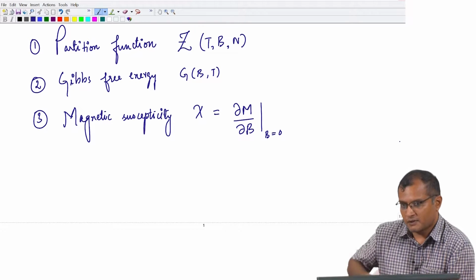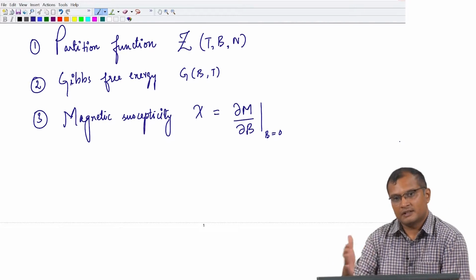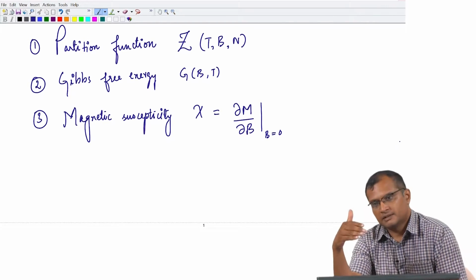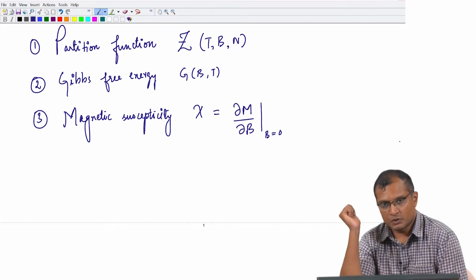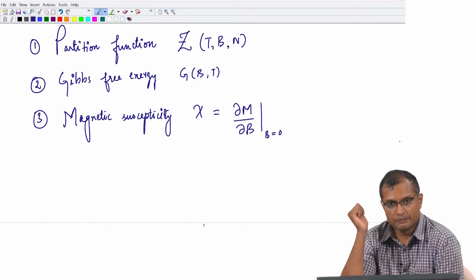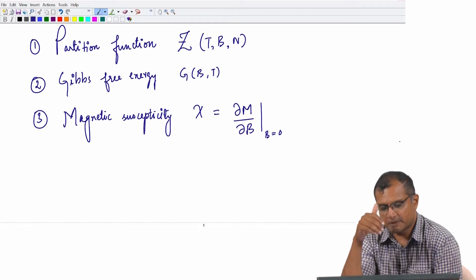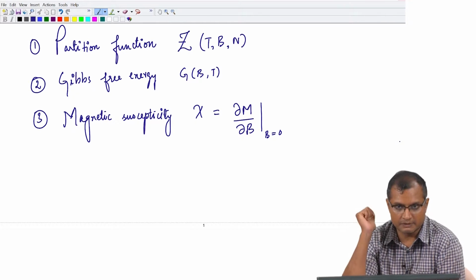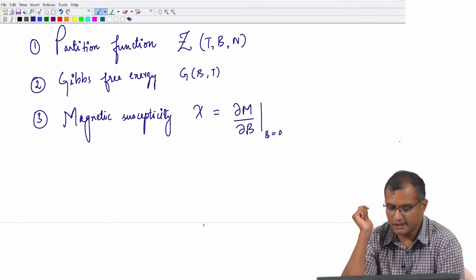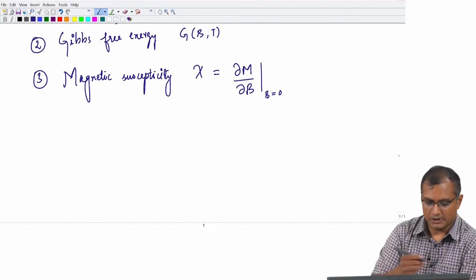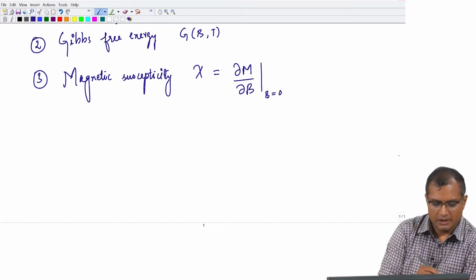So, the fluctuations of energy with the reservoir was directly shown to be related to the heat capacity at constant volume. So, in some sense our susceptibility is also a measure of fluctuations in magnetization, and it will be nice to compute this quantity.